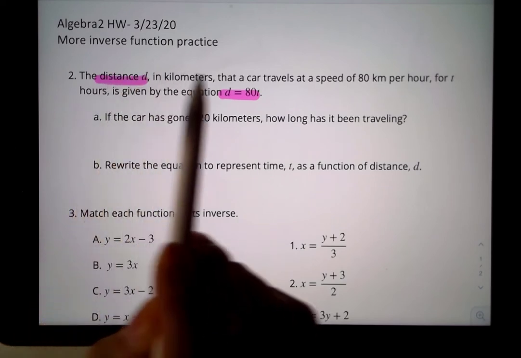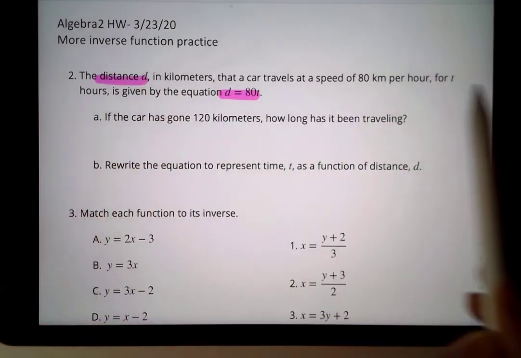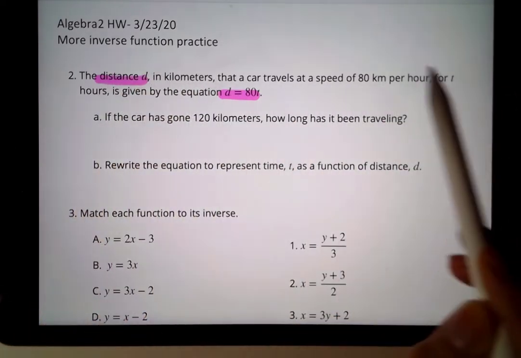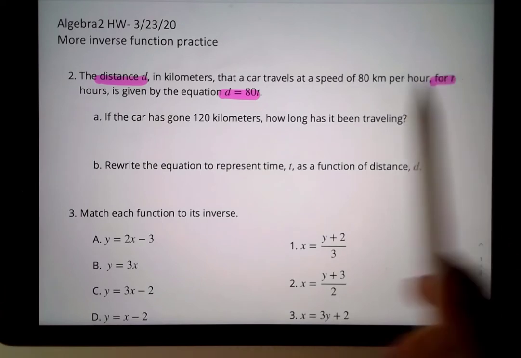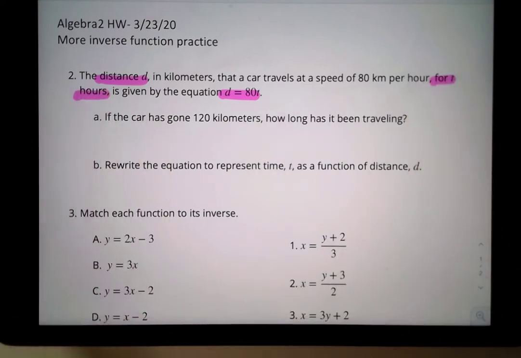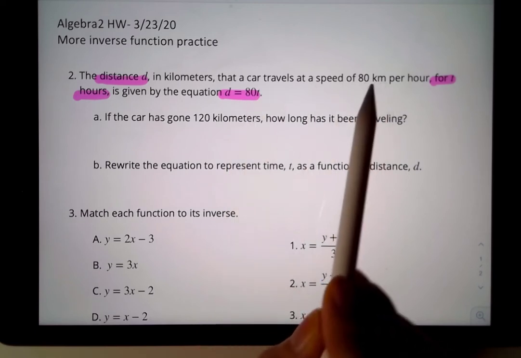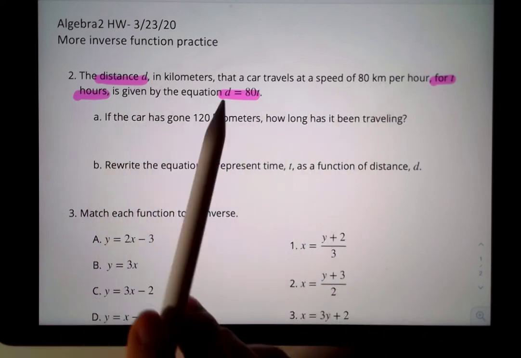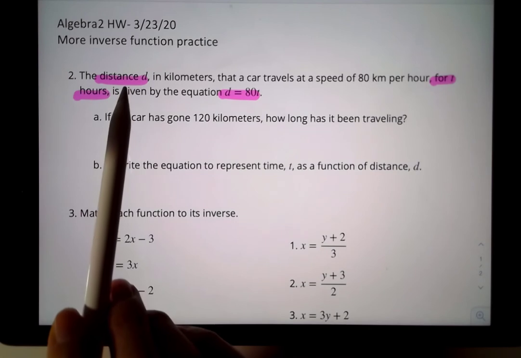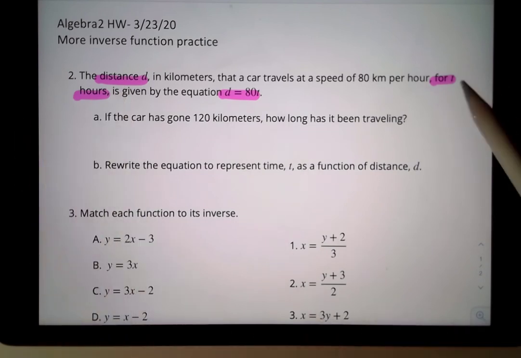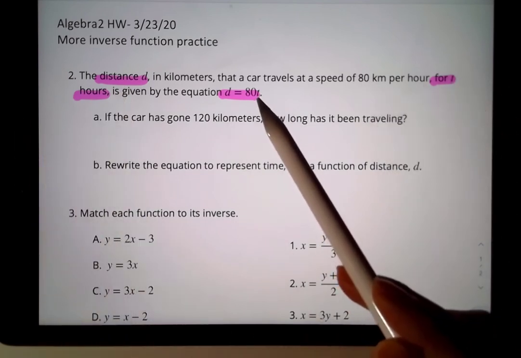D is the distance in kilometers, and T is hours, right? And then the car speed of 80 kilometers per hour. So you just have 80 here, so you don't have to worry about this 80, but just make sure this D represents the distance the car traveled, and T is the hour, all right?